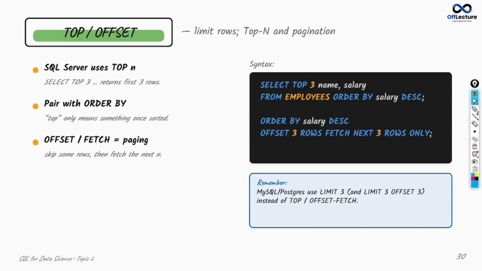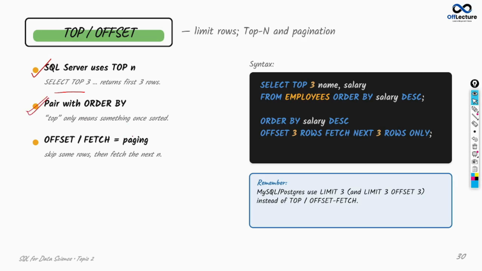Select top 3 returns the first 3 rows. But top only means something once the data is sorted. That is, if you are using top or offset, it only means something once the data is sorted. So you almost always pair top with order by.